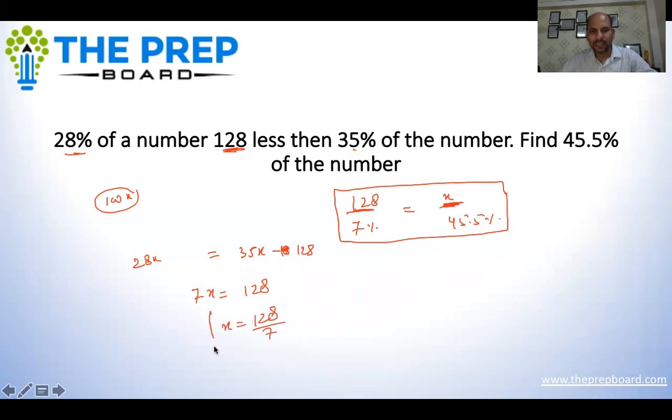Why did I especially solve this one? I want to tell you that generally what happens is students start dividing this number. So whenever you are solving arithmetic questions, take care. Unless you are finding the final answer, do not divide in decimals. So let it be x equals 128 by 7 and find out 45.5x.